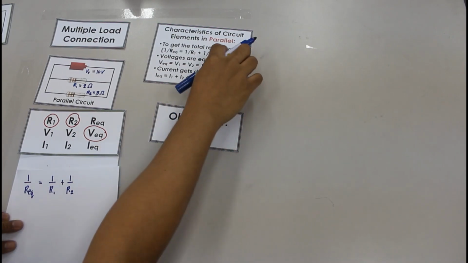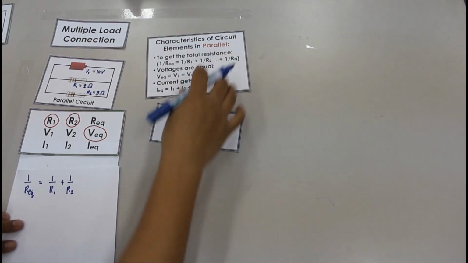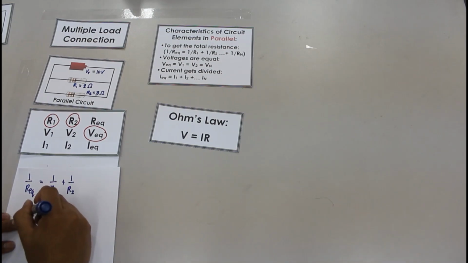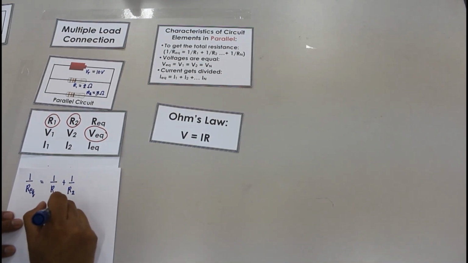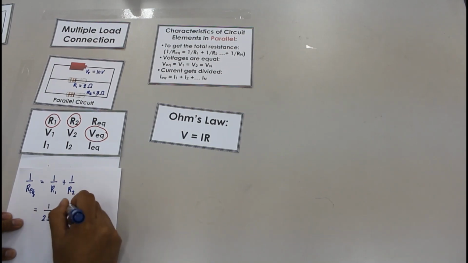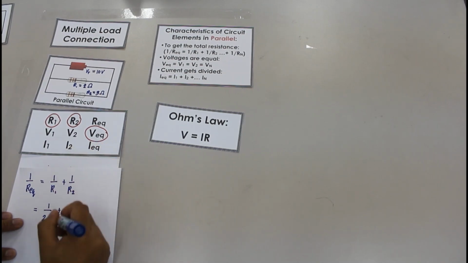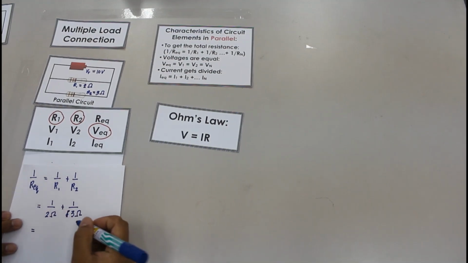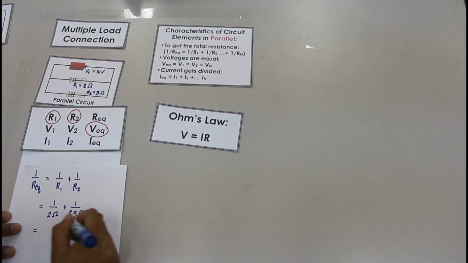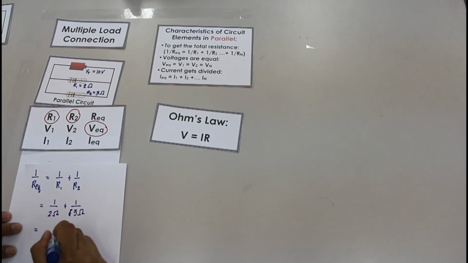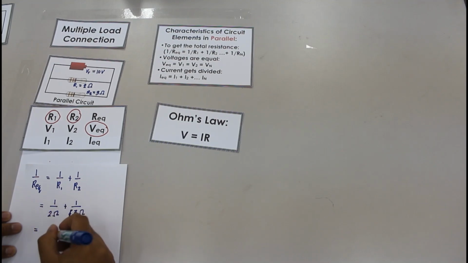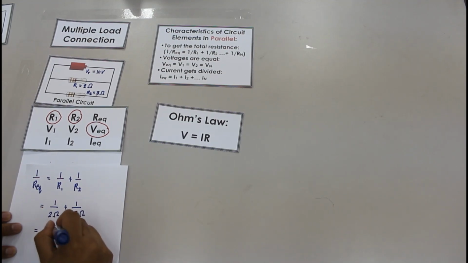This equation follows this feature for parallel circuit elements. We simply substitute the values. 1 over our R sub 1 here is 2 ohms plus 1 over our R sub 2 value here is 3 ohms, and add. The least common denominator here is 6. And then 6 divided by 2 here is 3 times 1 is 3. Plus 6 divided by 3 is 2 times 1 is 2.